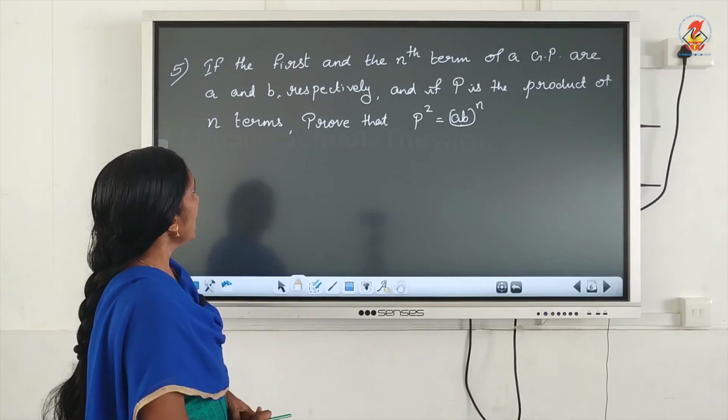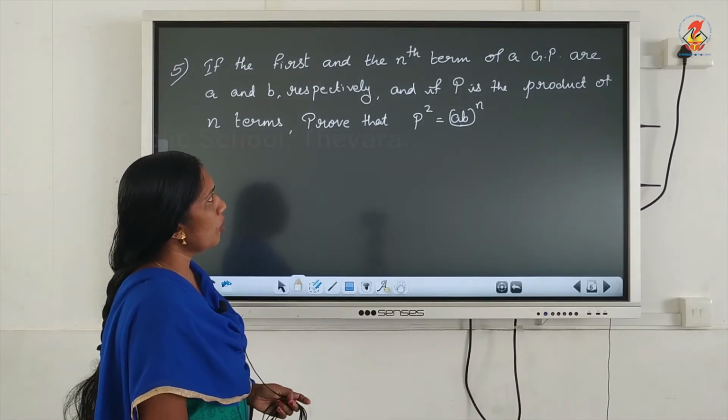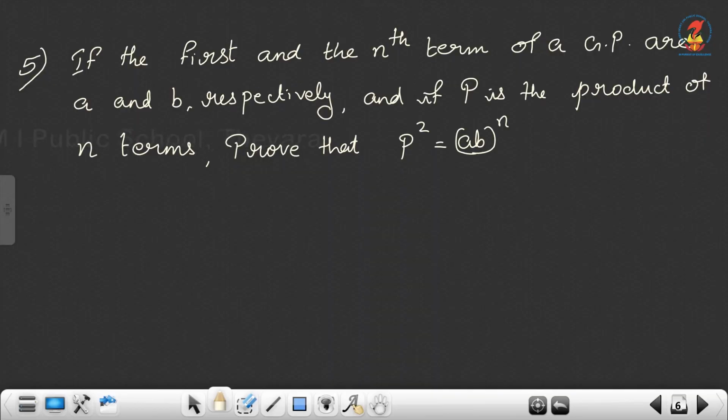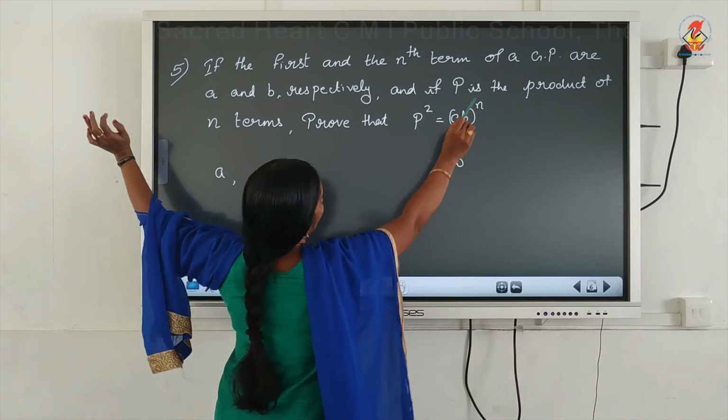Next one. If the first and the nth term of a GP are a and b respectively, and if P is the product of n terms, prove that P squared is equal to (ab) raised to n. So the first term is a, and the nth term, the last term, is b. Now in between we can fill in; if the first term is a, it is a GP.